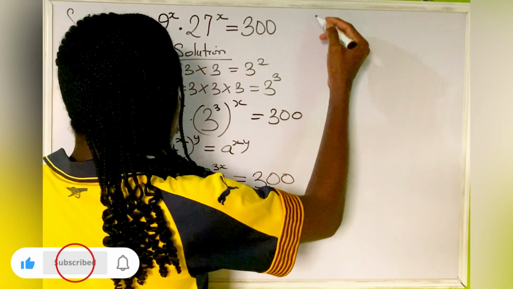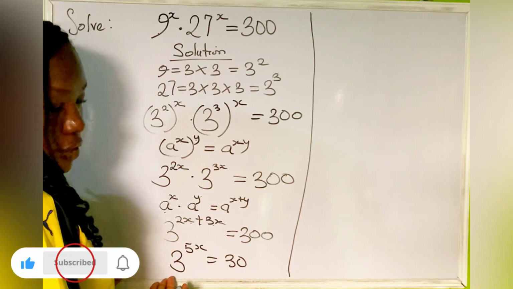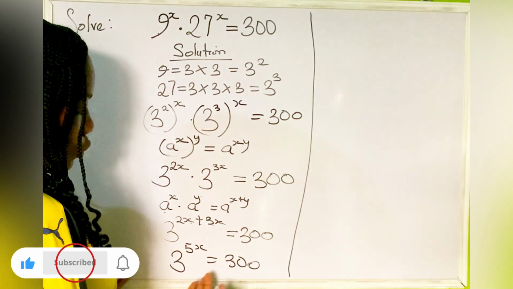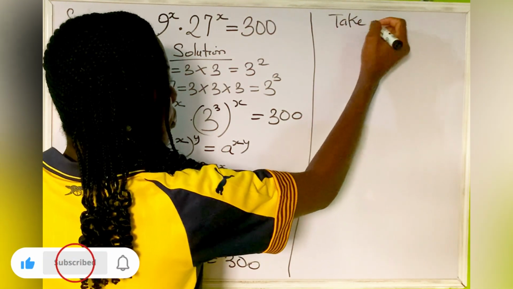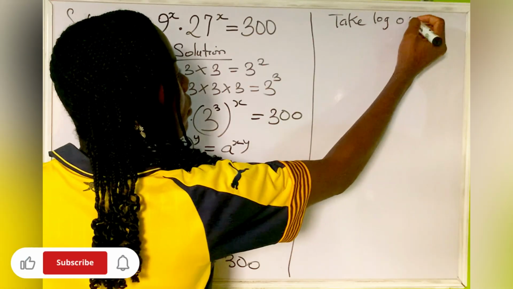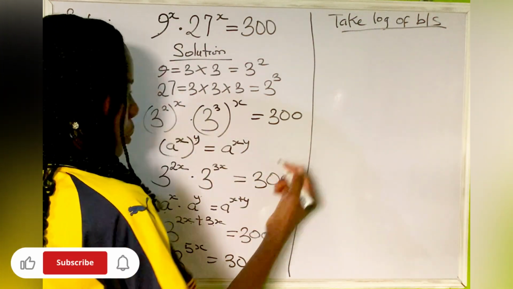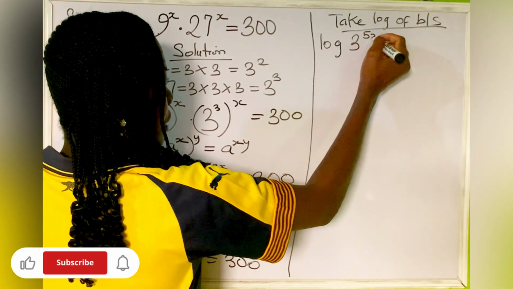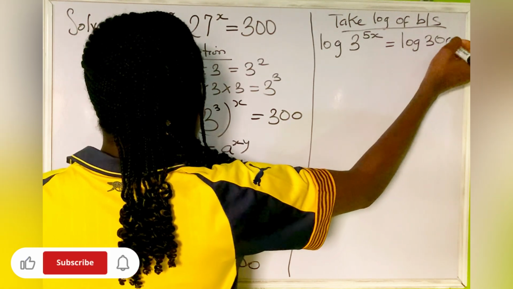So let's continue. The next step here is to take the log of both sides. So when we do that, we'll have log 3 to the power of 5x is equal to log 300, okay?